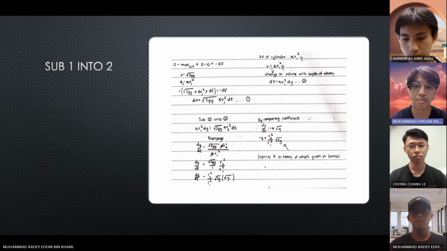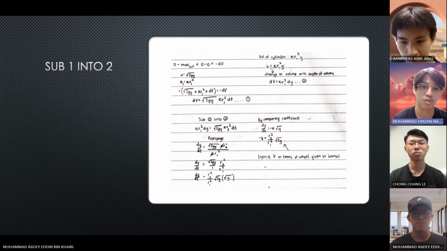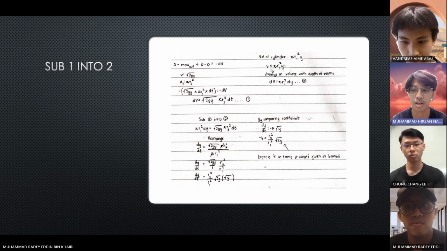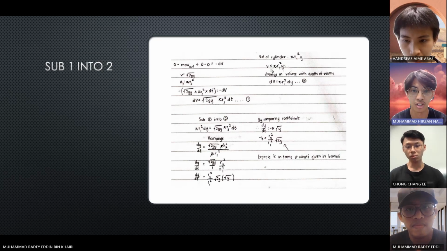Okay, so from both the Bernoulli equation and the mass continuity equation, we now know that 0, which is the mass in, minus mass out, plus generation, which is also 0, minus consumption, which is also 0, is equal to the rate of change of volume.